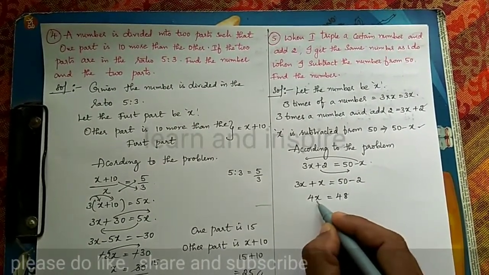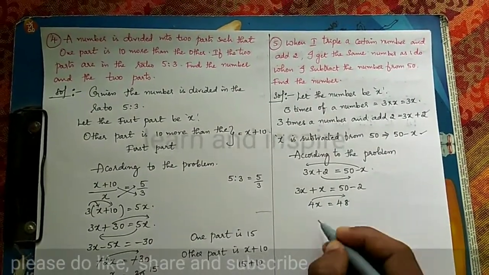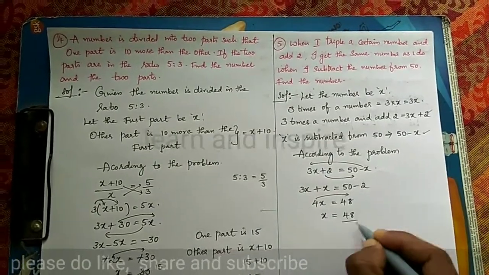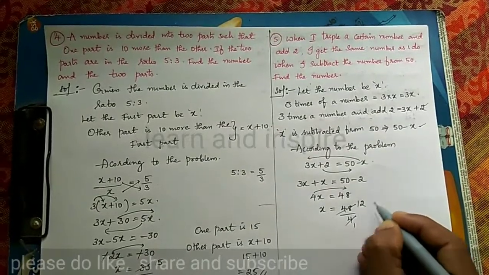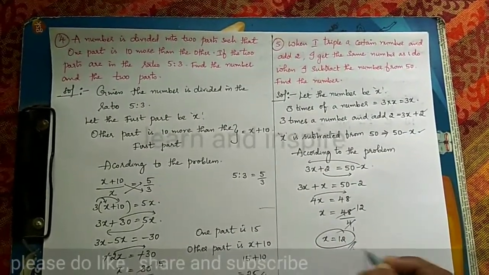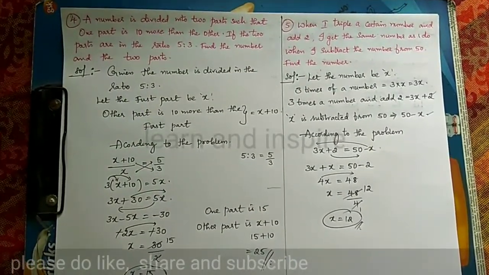Here 4 into x, 4 is multiplied, so if I transpose it to the right side it becomes a division. That means x is equal to 48 by 4. 4 ones are 4, 4 twos are 8. x is equal to 12. Therefore the number is 12. So this is question number 5.